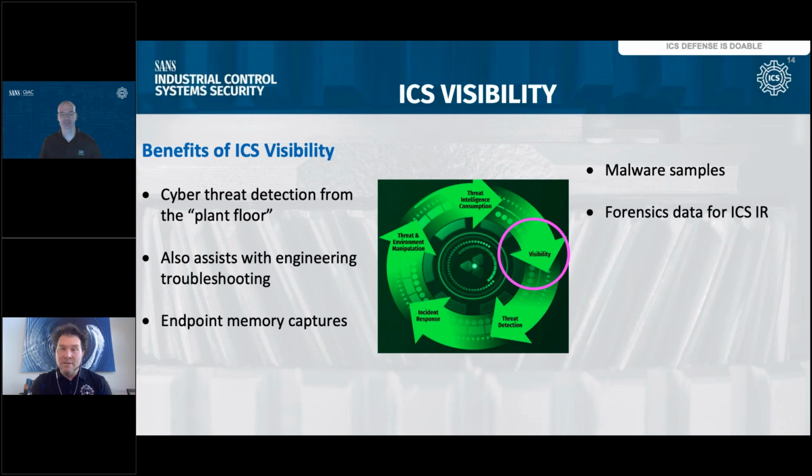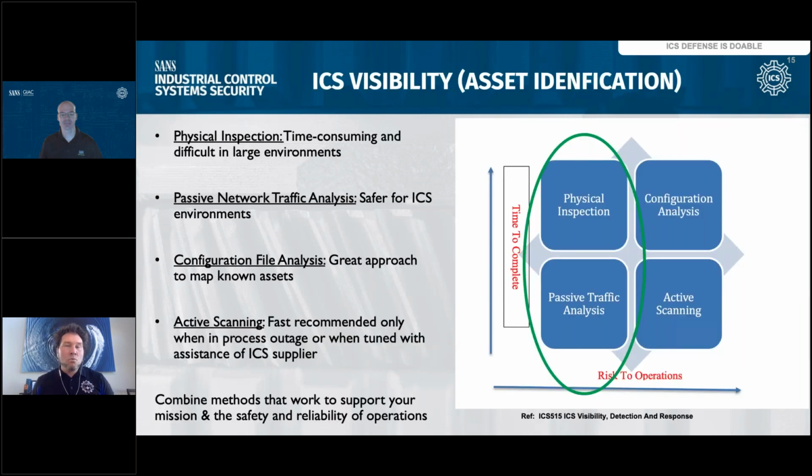But again, my suggestion, if you're starting somewhere with network visibility, with ICS visibility, start with the network first. Now, also when you do get network visibility, you're going to want to take a look at doing the asset identification for your environment. Now, very quickly, there are 4 methodologies to get ICS visibility, your asset information and inventory created.